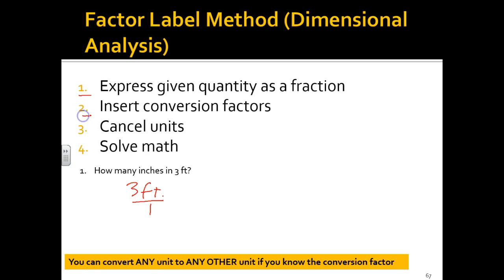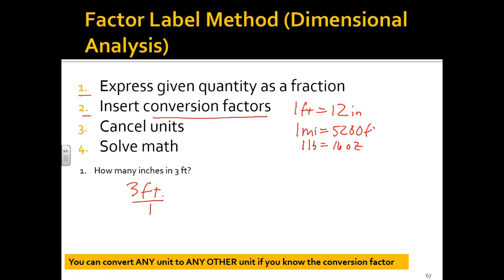Now, the next step, we want to insert our conversion factor. So a conversion factor is an equality. So our conversion factor here is that 1 foot equals 12 inches. Okay. So a conversion factor is any equality. So like 1 mile, you probably know, is 5,280 feet. 1 pound is 16 ounces, whatever.